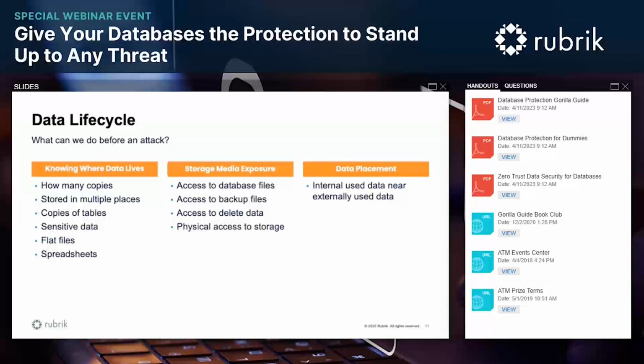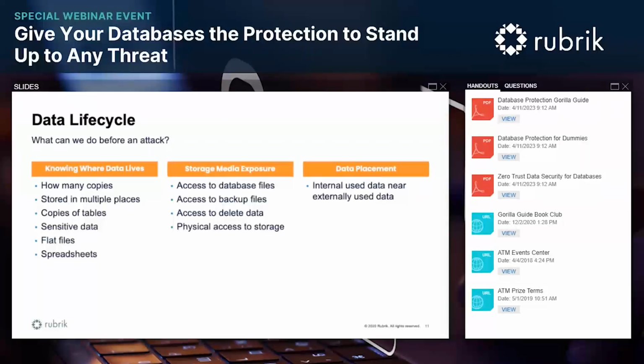The last thing we need to think about here is data placement. How are we managing our secure data versus our external data? That secure data could be anything from regulated data like I mentioned earlier, with PCI, PHI, HIPAA, etc., or it could just be internal confidential data.